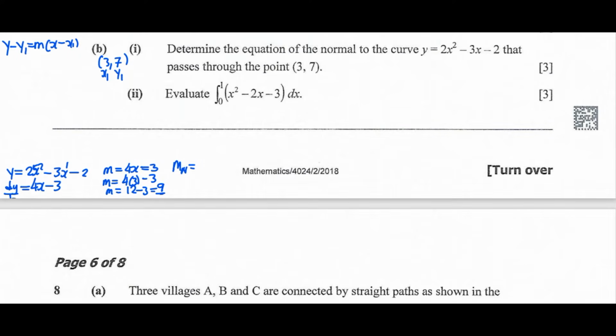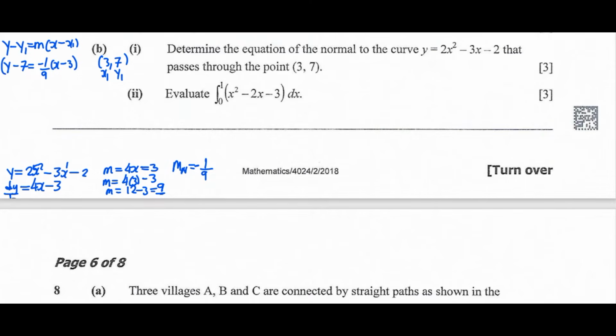We can use the formula m1 times m2 is equal to -1, but the easiest way is, if you have a whole number like 9, then the gradient of the normal will be 1 over that number, which is 9, and also negative. So this is our gradient. So we have y minus y1, which is 7, is equal to our gradient, -1 over 9, times x minus x1, where x1 is 3.